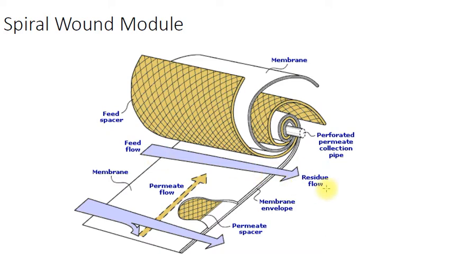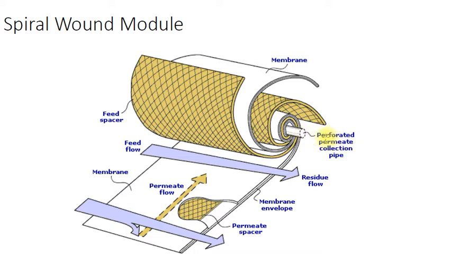Due to the pressure, the water permeates across the membrane and is collected inside the envelope. Then it moves in this direction, and there is a perforated tube at the end of the envelope. The liquid is collected inside this tube and removed from here.